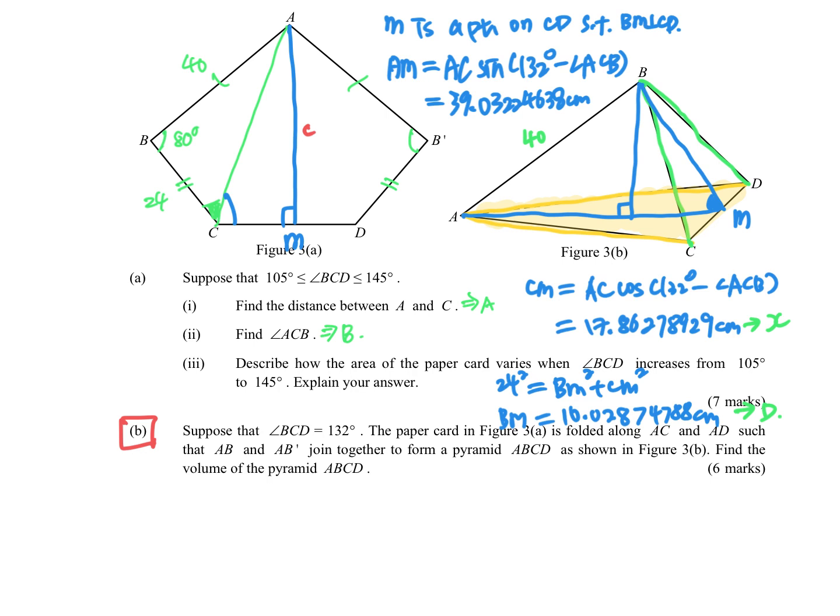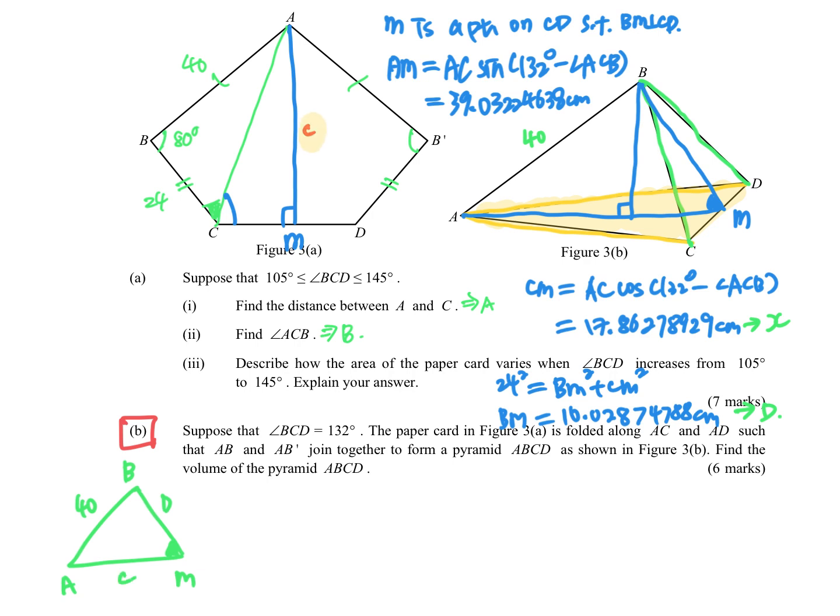Let me draw that out then. This is triangle ABM. This is 40. We want this angle. And BM is D, and then AM is C.